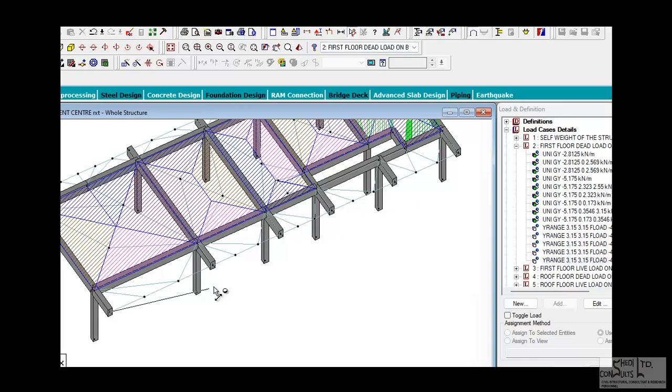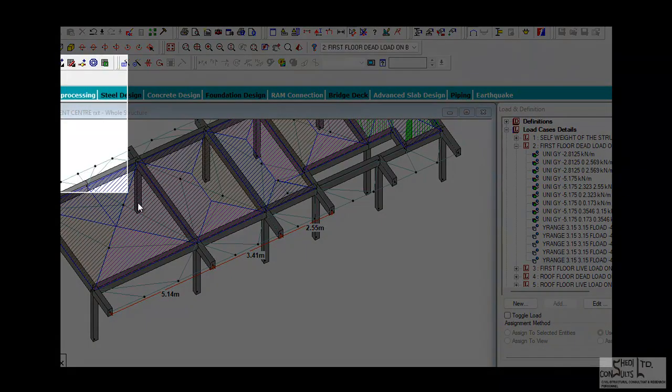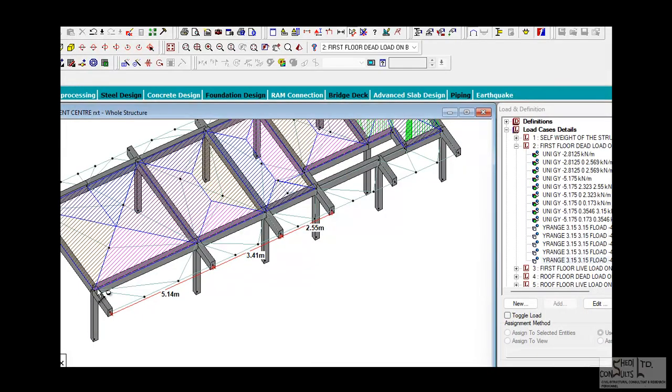Now this is a one-way slab panel. This is a one-way slab panel, but this is a two-way slab panel. Now, why is it a two-way slab panel? Let's look at this very carefully.